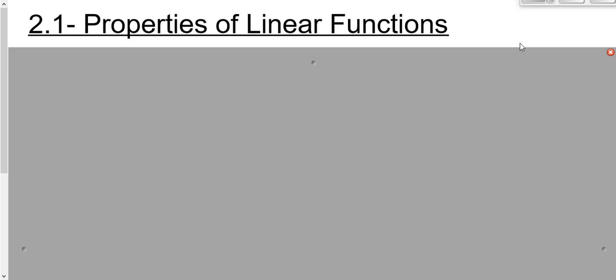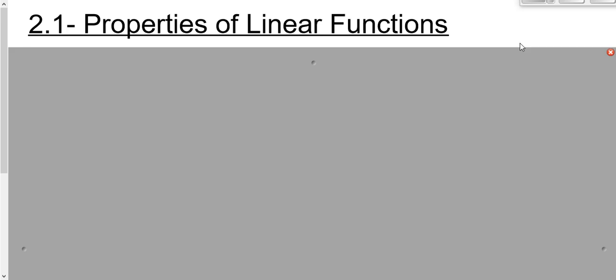So we're going to start off by talking about things that all linear functions have in common, no matter what. No matter what the story is, no matter what the context is, every single linear function is going to have these following things in common.